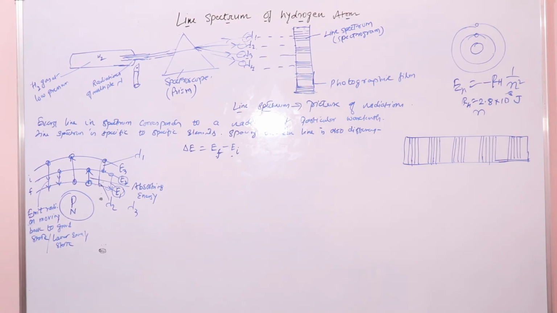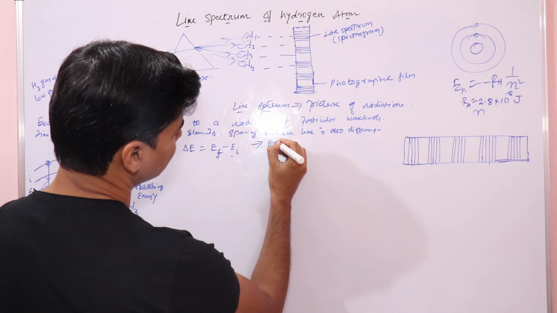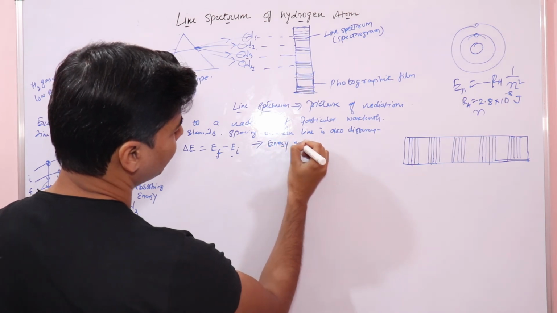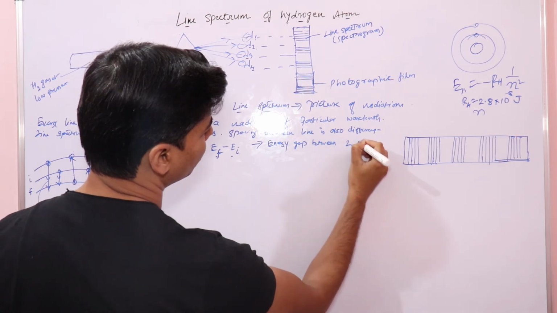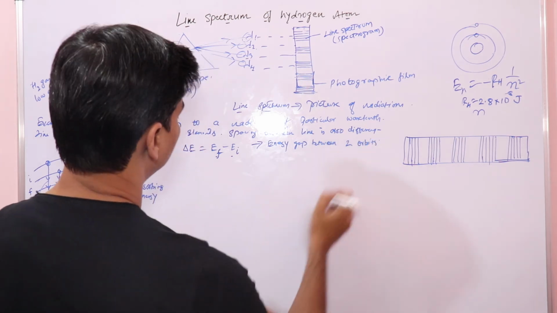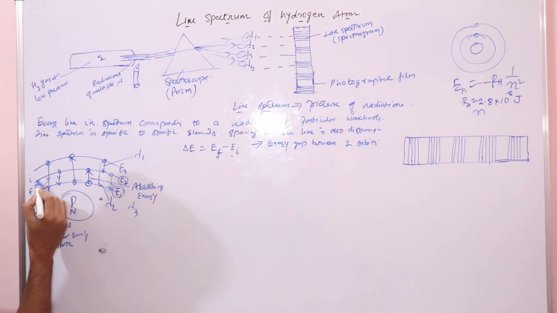What this equation is basically telling us is the energy gap between two orbits. Orbits here are this final and initial.